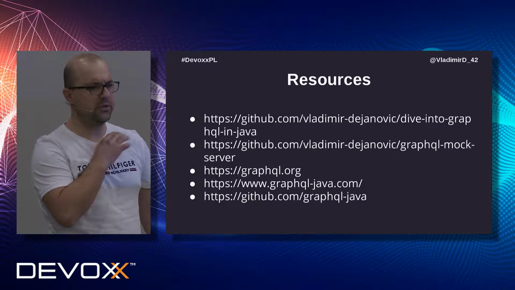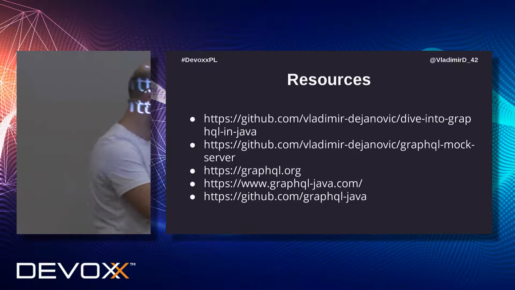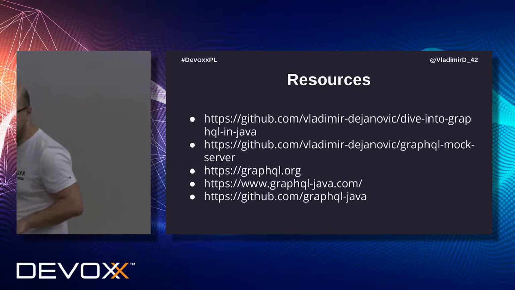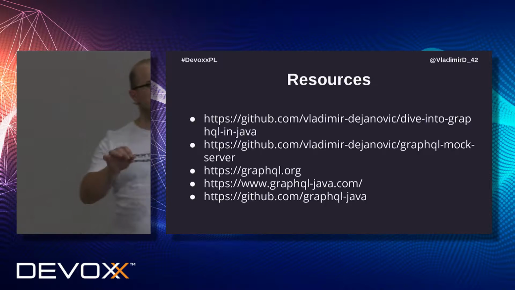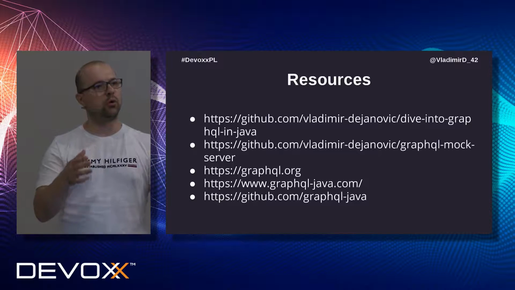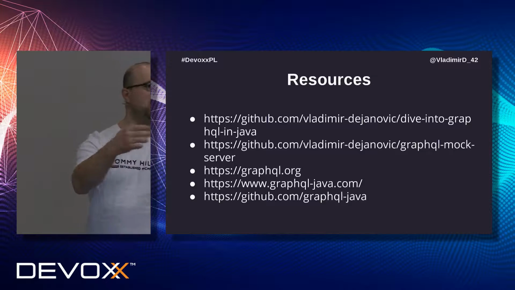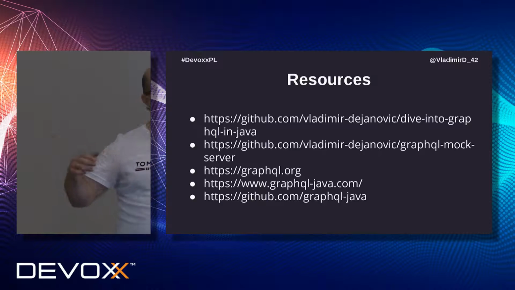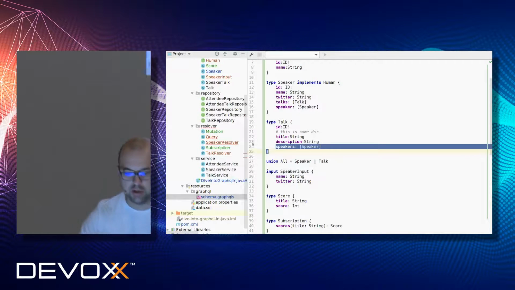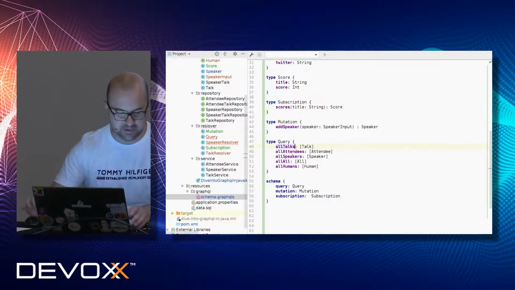I'm not 100% sure I follow you completely. If I understood you correctly, what you said is, okay, we have queries, and we have a one-to-one mapping to the Java code. So if we would want a complex query, for example, not all talks, but talks that start with the letter T and have a score bigger than some value, then if I go back to here, all talks, we will have to pass the parameters.